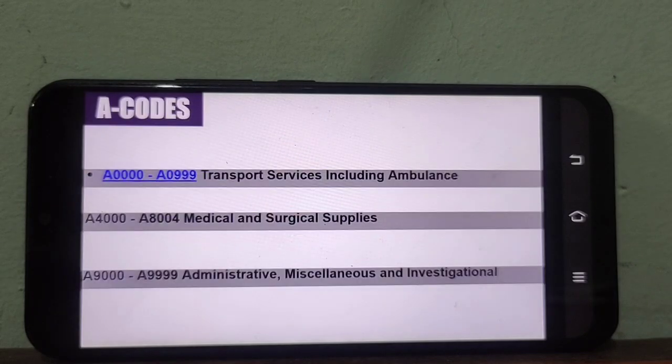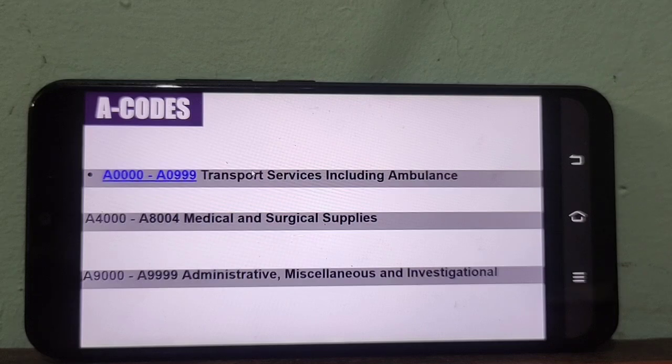For example, A0000 to A0999 for transportation services, A4000 to A8999 for medical and surgical supplies, A9000 to A9999 for administration codes.